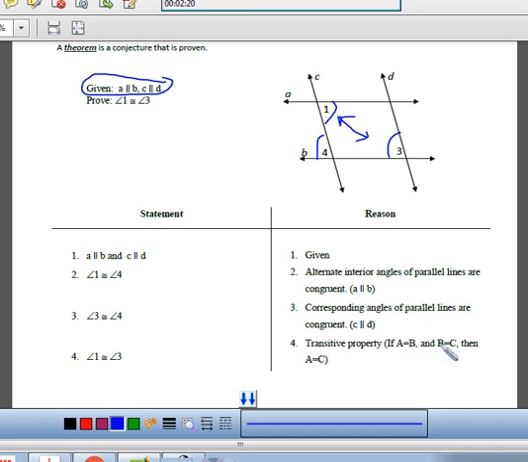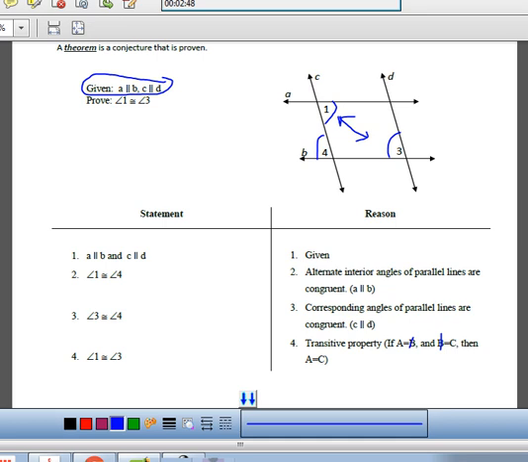What you see in parentheses here is what's known as the transitive property. If A is equal to B and B is equal to C, we can basically cross out the B's and say, well then, A and C are the same. Alright? Okay.